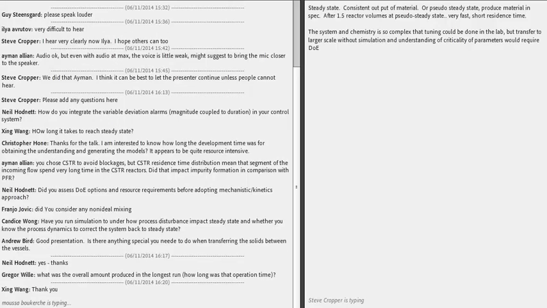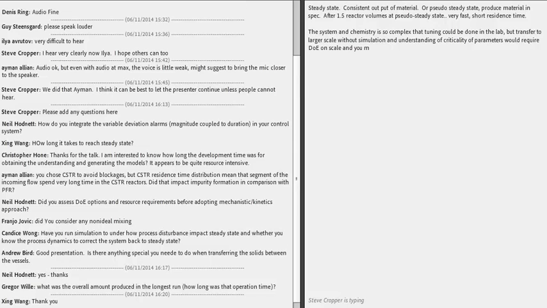So I think the advantage of simulation is that it prepares you for the scale up already by integrating all the different elements at scale, reactor and reaction.